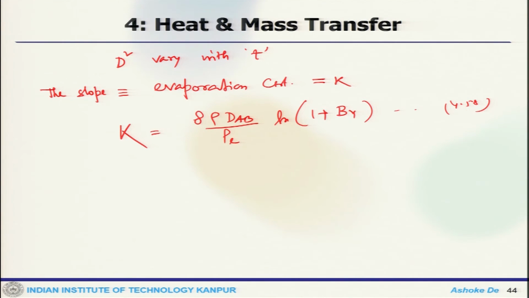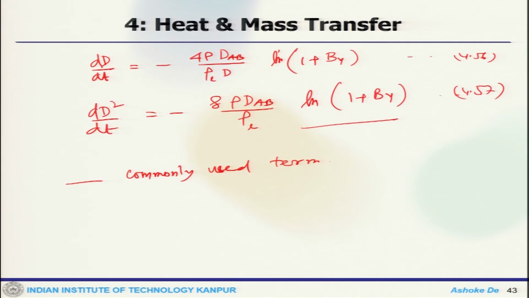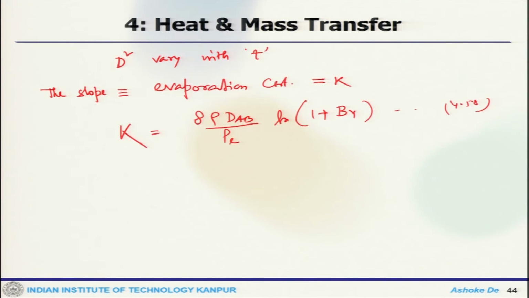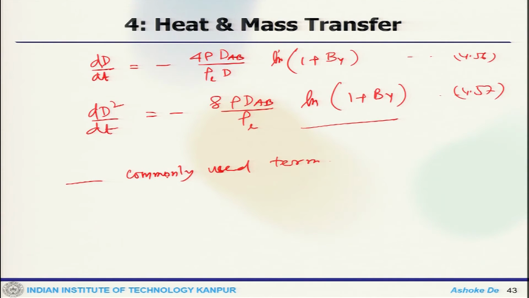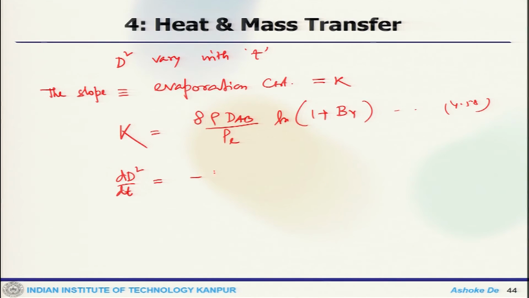Now, once you have this, one can find out the droplet evaporation time. If you look at the previous expression, that boils down to d(d squared)/dt equals minus K.